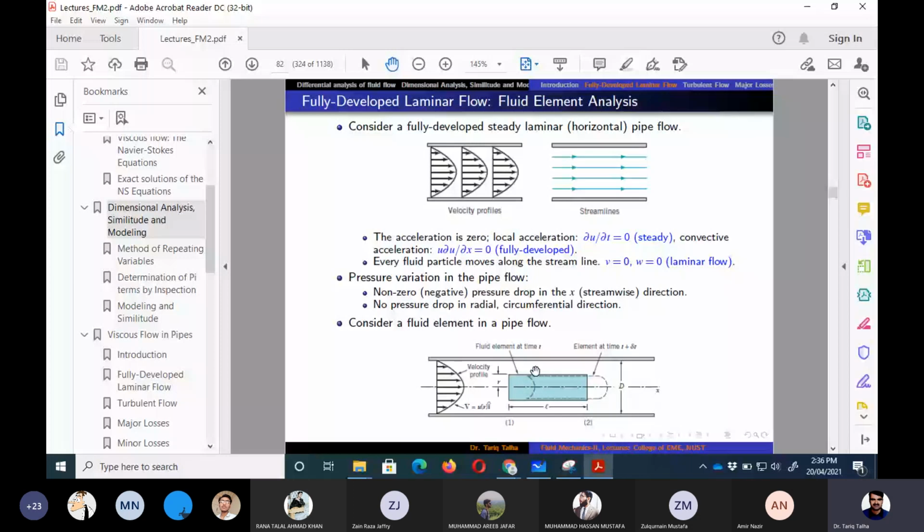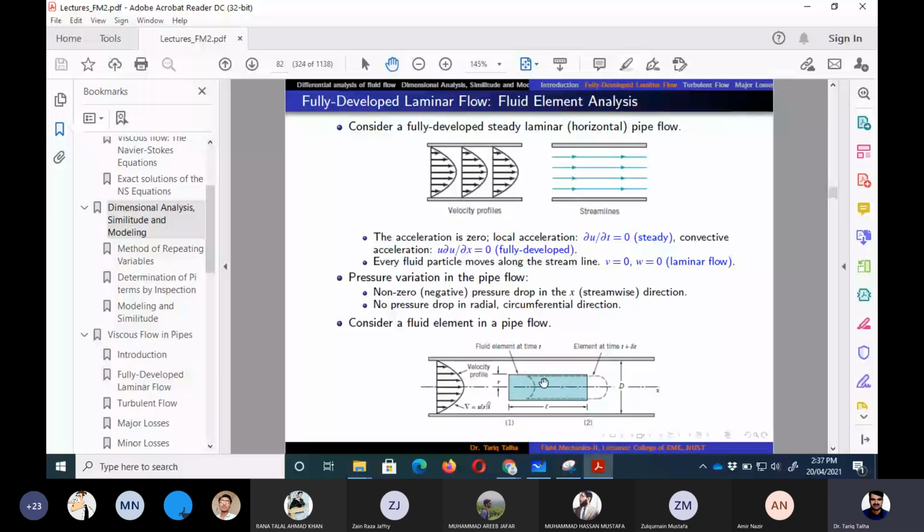We are seeing the front view, so it looks like a rectangular component. But if we see from this side, we would see a circular cross section, because we are talking about a pipe flow. So after time t plus delta t, it would take a cylindrical shape, because some shear force is applied on this fluid element by the next element which is on top of it, right?